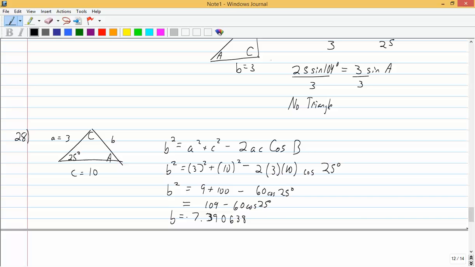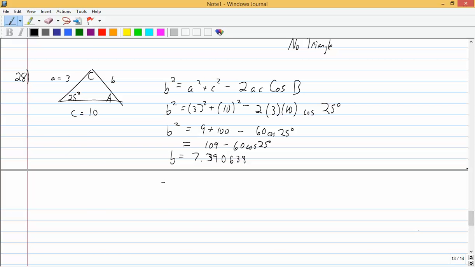Alright, so now it makes most sense to either solve for A or C here. I'm going to solve for A. So cosine of A equals, and remember the formula. It is on the formula sheet. You don't have to remember it, but look at the formula. That's going to be b squared plus c squared minus a squared all over 2bc.